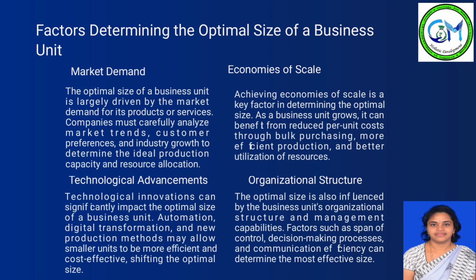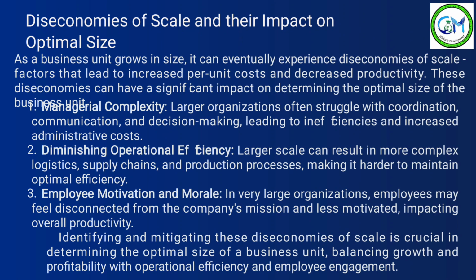The optimal size is also influenced by the business unit's organizational structure and management capabilities. Factors such as span of control, decision making process, and communication efficiency can determine the most effective size.